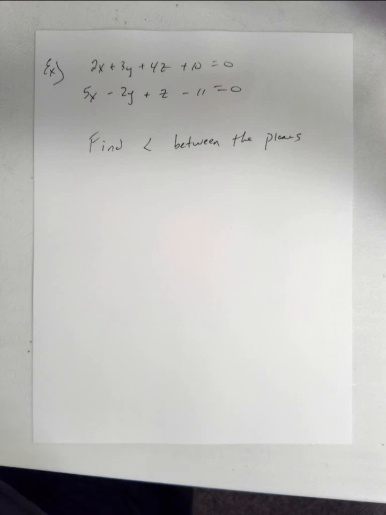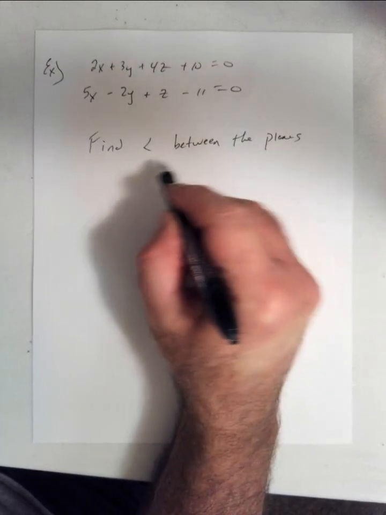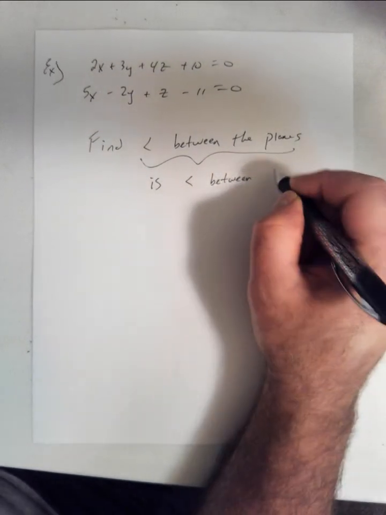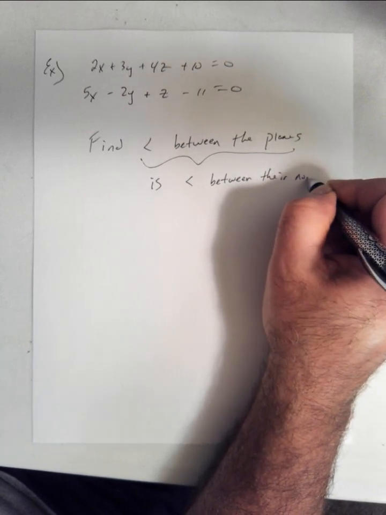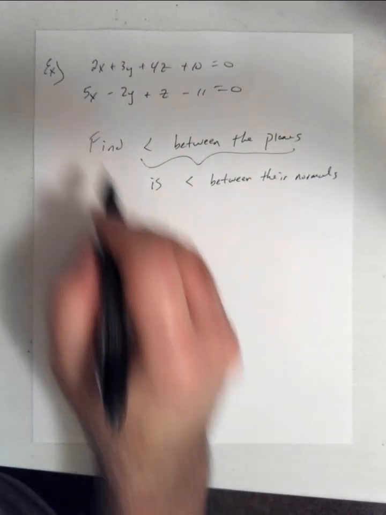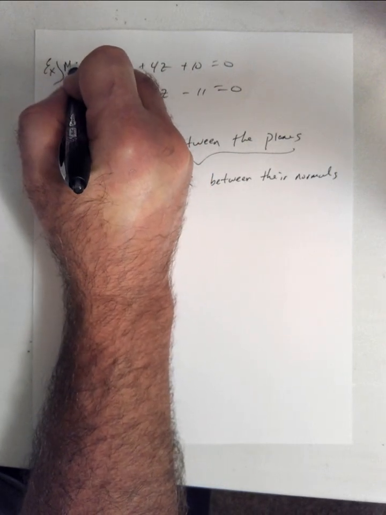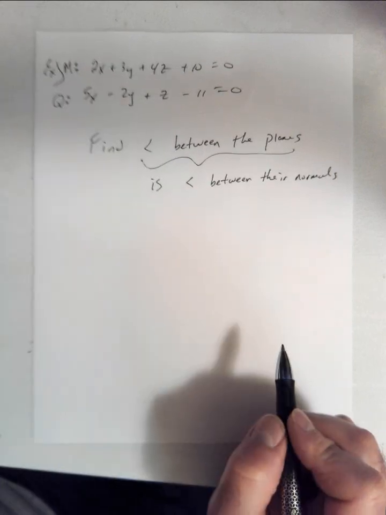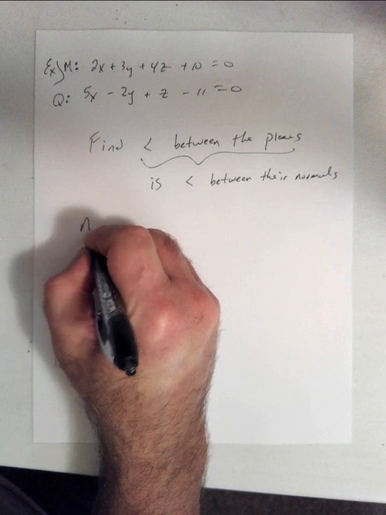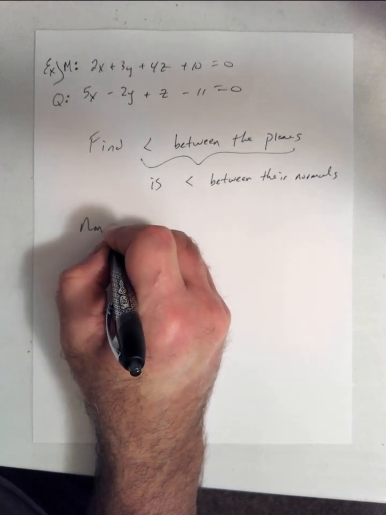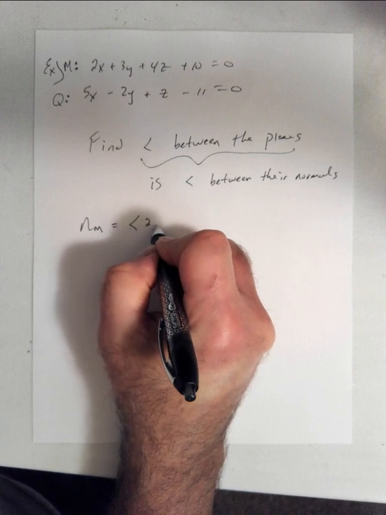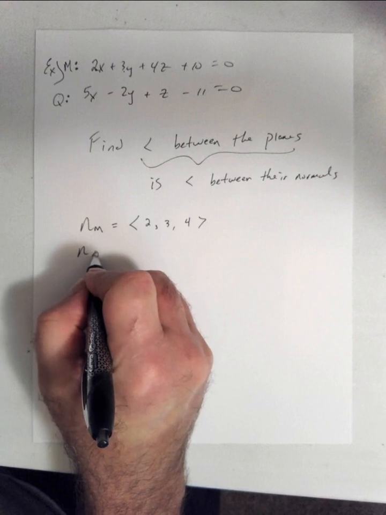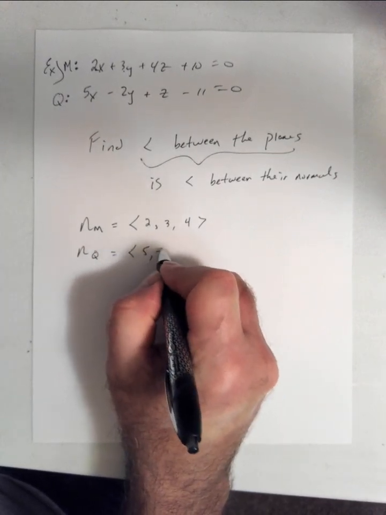Well, we just said that the angle between the planes is the angle between their normals. So let's call this plane M, and this can be plane Q. So the normal for plane M is 2, 3, 4, right? ABC. And the normal for plane Q is 5, negative 2, 1.